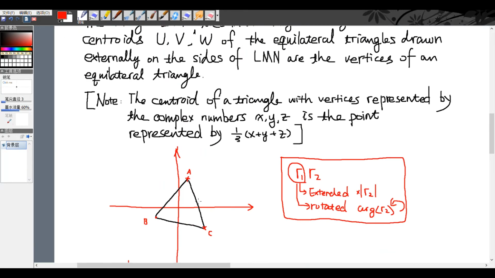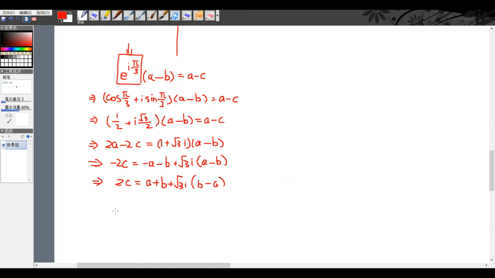If the equilateral triangle ABC is described clockwise, then we change the positions of A and B, which means that this point becomes A and this point becomes B. So we can just send all our b to a and all our a to b, which gives us a new relation, which is 2c equals a plus b plus the square root of 3 i times (a minus b).